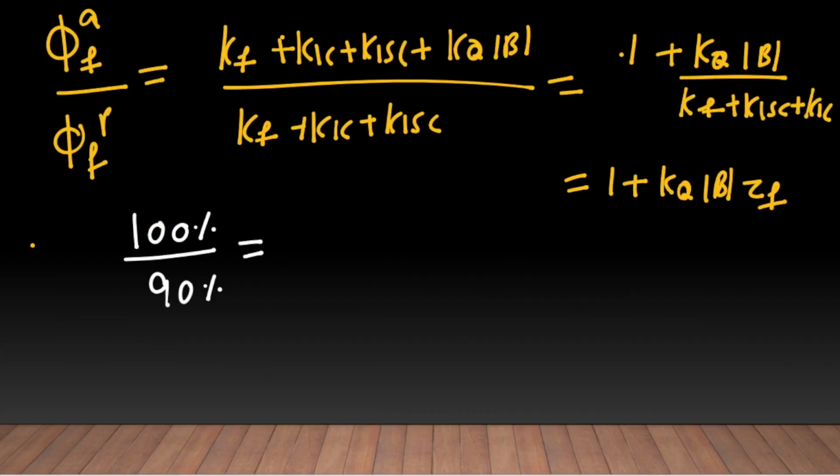So this value is equal to 1 plus KQ times B into tau F. Okay, so this becomes 10 upon 9 minus 1.